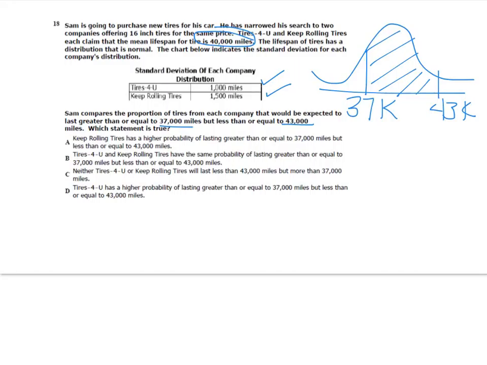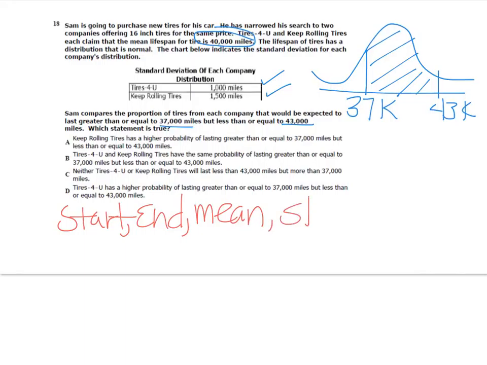So what we're going to do, we remember the syntax for putting it in the calculator is going to be our start, comma, and then we'll put in our mean, and then we put in the standard deviation. Okay, so let's go ahead and start with tires for you. They both started at 37,000.